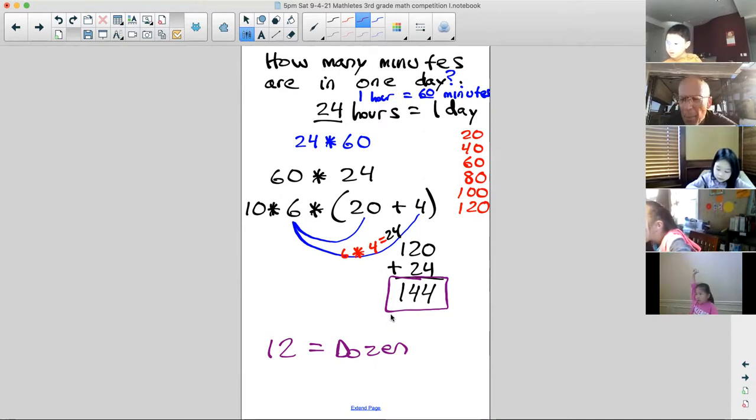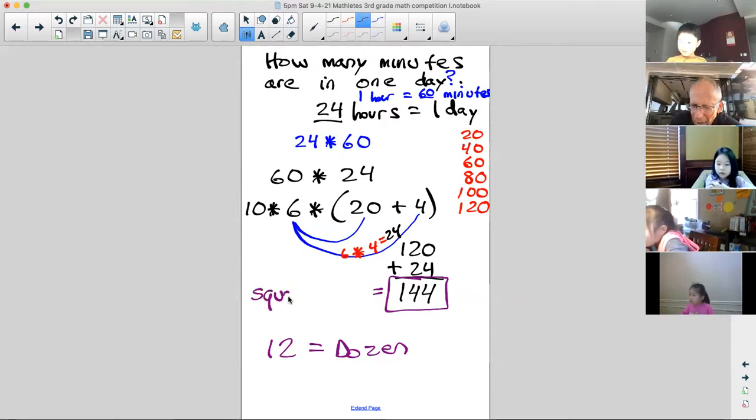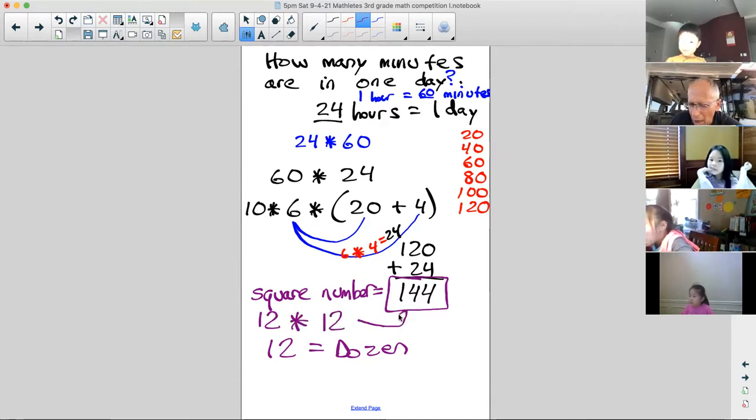Can you speak up a little bit? Square number. Yes, it is called a square number. That means that if we multiply 12 times itself, we get 144.